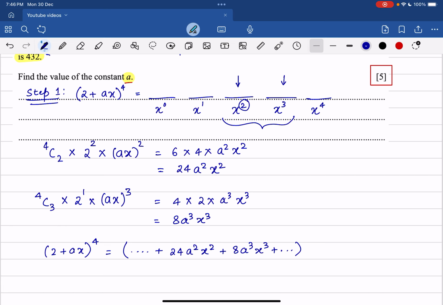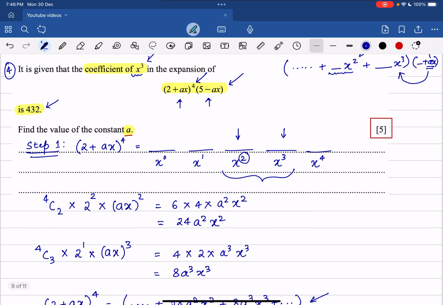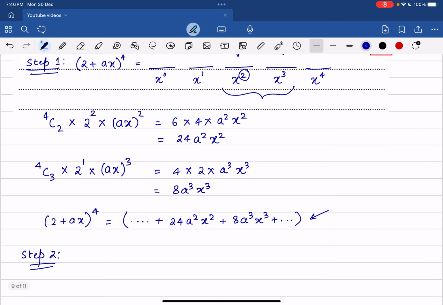What is my step 2? Step 2 is multiplication of the other bracket with this expansion. The other bracket is (5 - ax). So (2 + ax) to the power 4 times (5 - ax).